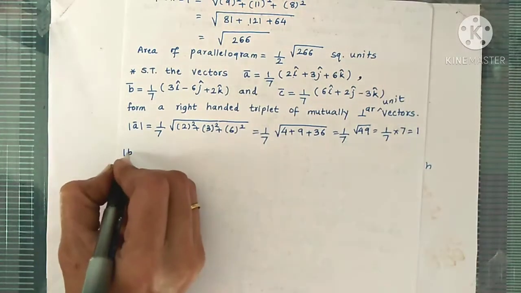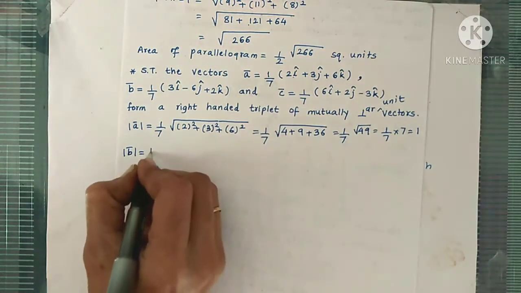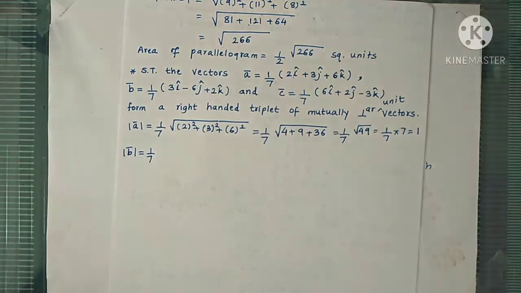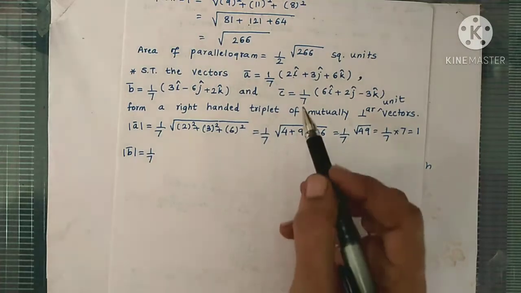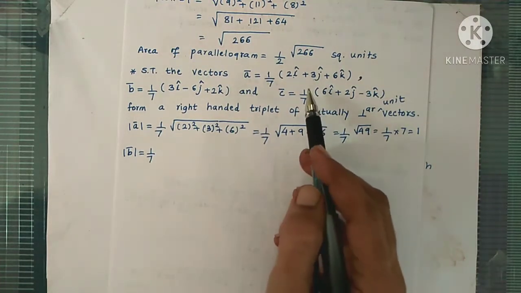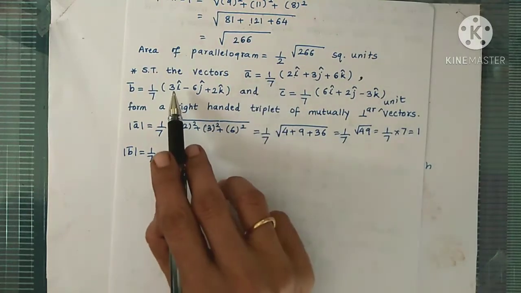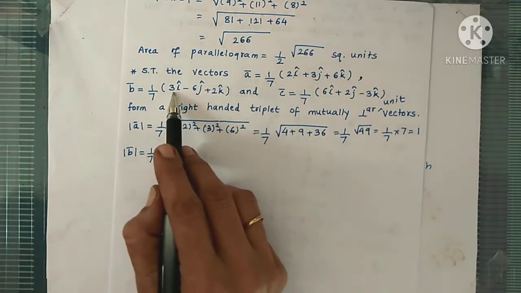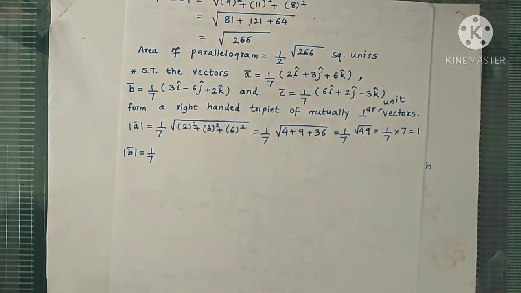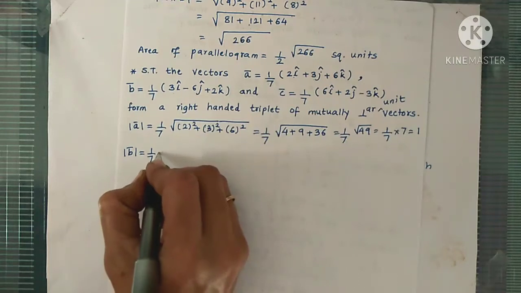Similarly, let's find the modulus of b bar and modulus of c bar. You can see in all the three vectors we have the same numbers 2, 3 and 6 with plus or minus sign and in different positions. But the squares are the same, and adding those terms and taking the square root, again we get the same solution.